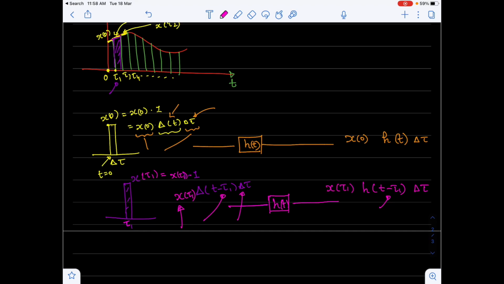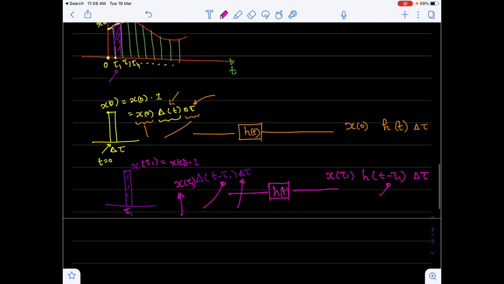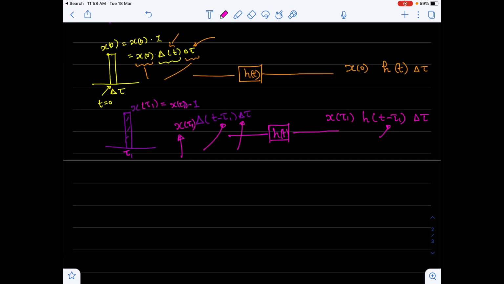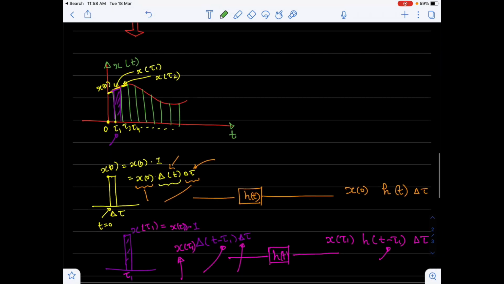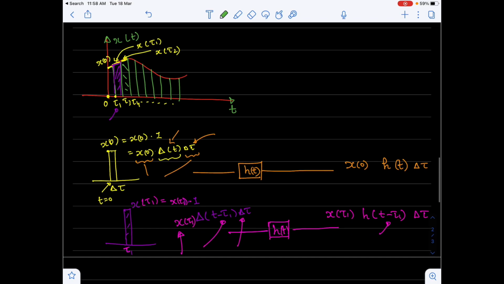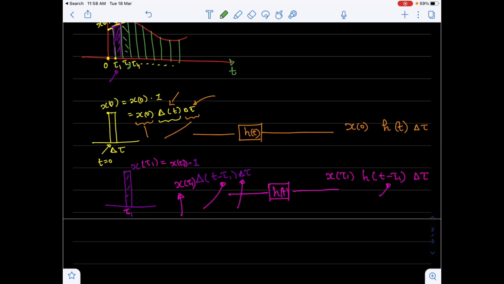The scaling factors are x(tau 1) and delta tau. Similarly, I will consider the next piece in the signal, at tau 2, then tau 3, like this.